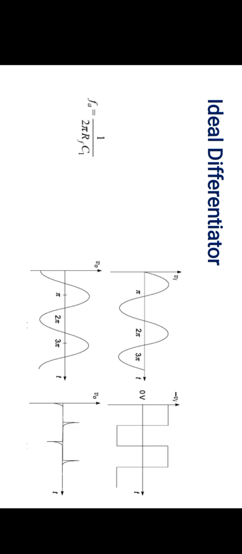Now calculate the values of R1 and Cf, so that R1 into C1 equal to RF into Cf. The time period T of the input signal is larger than or equal to RF into C1, that is T greater than or equal to RF into C1.